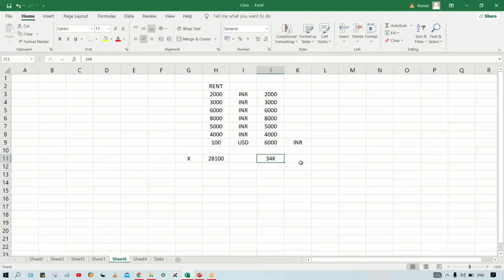If this automatic conversion is happening, guys, then look at how easy the work is going to be. Manually, some 4 or 5 users or employees would be allocated to trace out the foreign currency transactions and convert them manually, because for big organizations multiple such transactions are taking place.